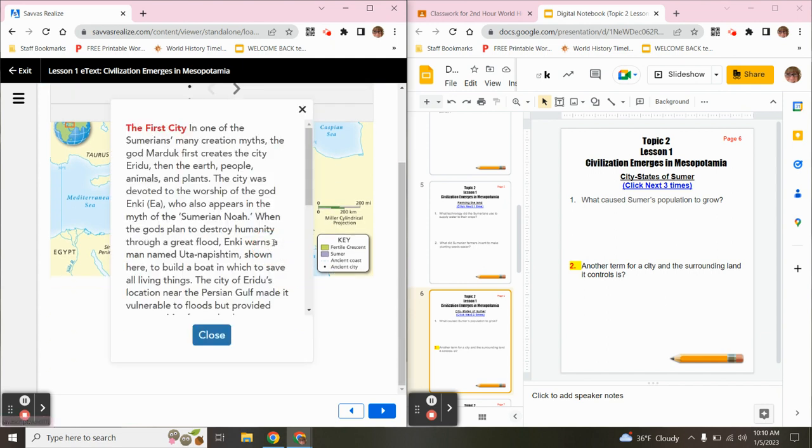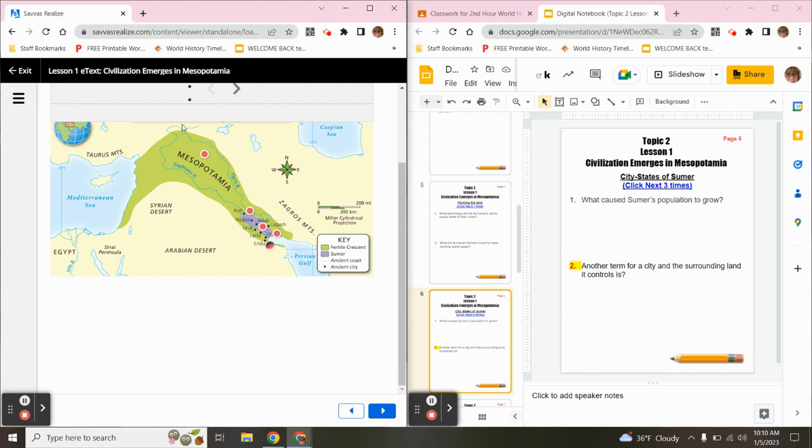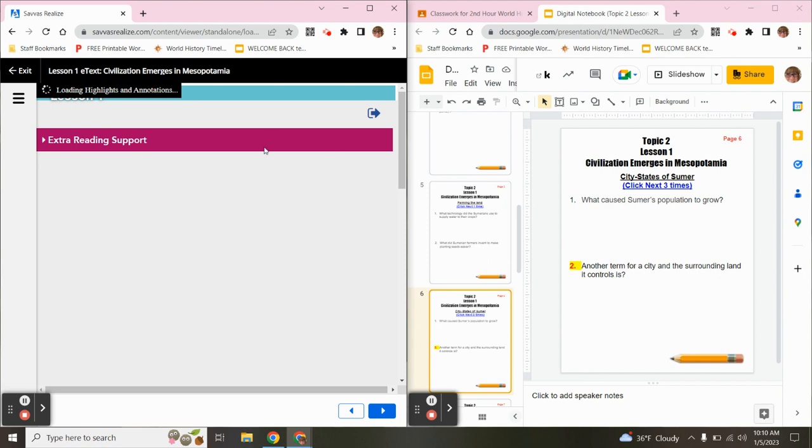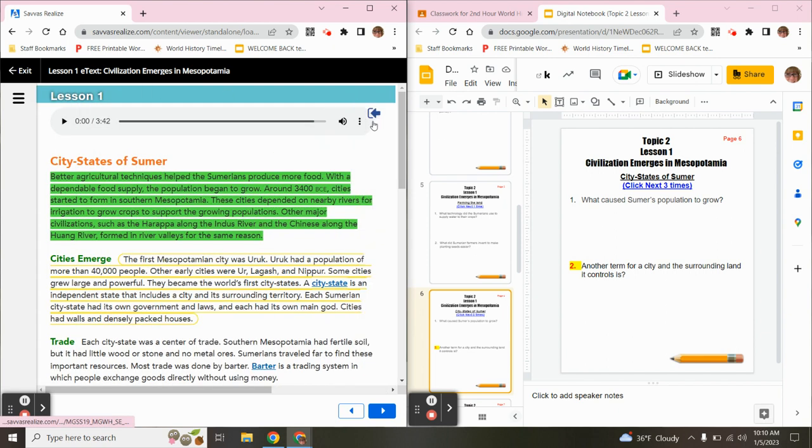So you are more than welcome to go and look at this map of Mesopotamia. We have moved on to page 6 in your digital notebook. So let's listen to this.